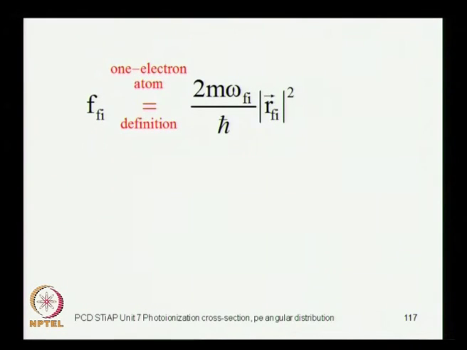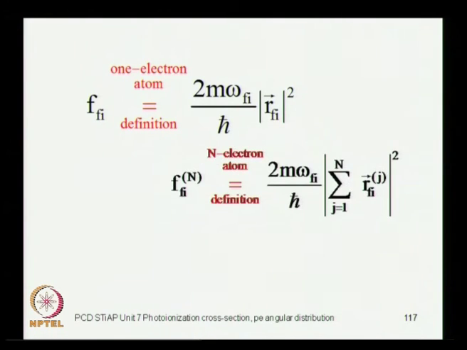And now let me go back to this definition of the oscillator strength in quantum mechanics. This is for a one-electron atom. For n-electron atoms, you can sum over j going from 1 through n for all the electrons, because there will be a similar oscillator strength for each electron, and when you sum over these terms for all the n electrons, then you find that this summation will be equal to n, not equal to 1.